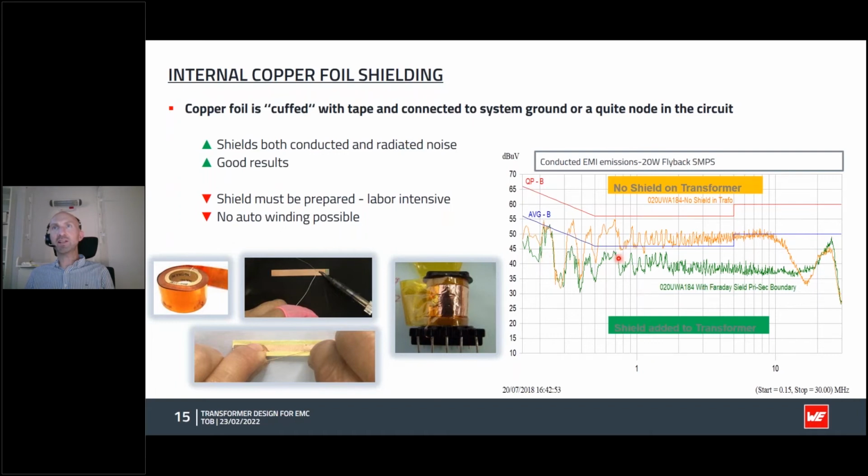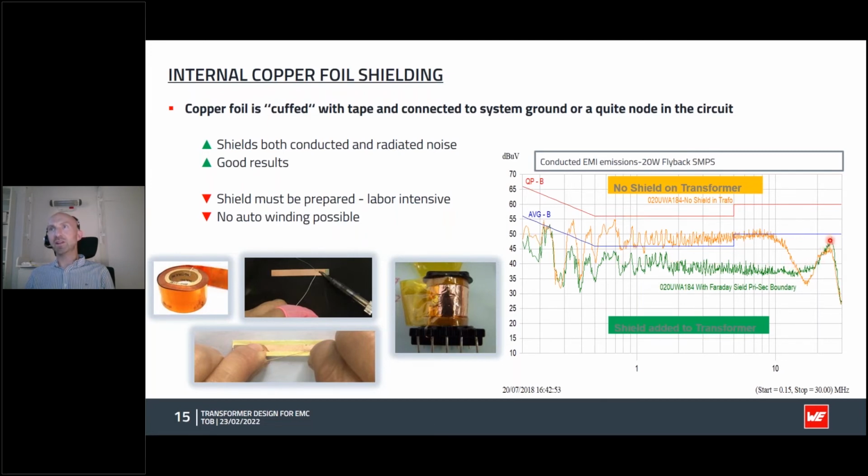If we look here at a 20 watt flyback transformer that I tested with, first we looked at the noise without the shield, which is the orange signal here. So we see we were quite a bit over the average limits here. And then when we apply this so-called Faraday shield, between the primary and secondary, you can see a reduction of between 5 and 10 decibel microvolts in quite a lot of the frequency spectrum, all the way up to here.